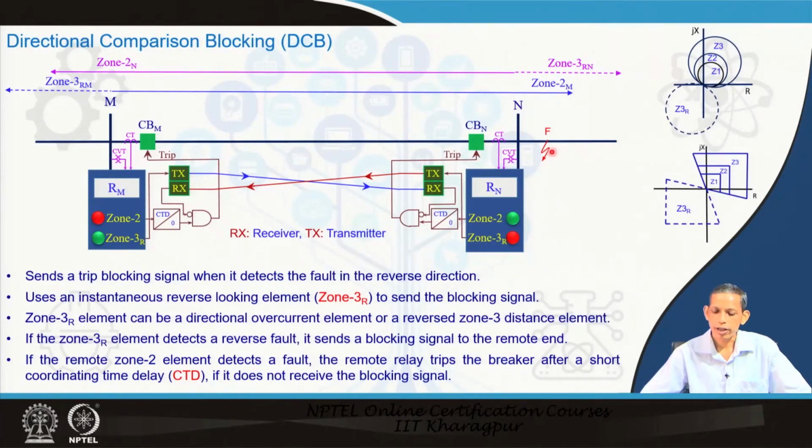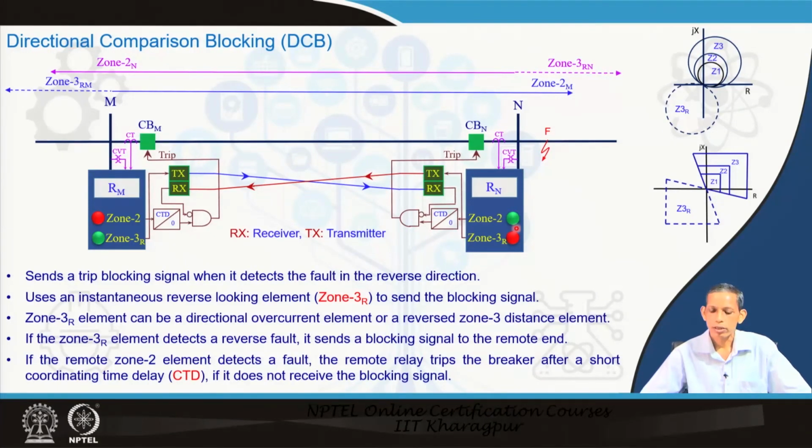Now, any external fault, say F, will be seen by this zone 3R in its forward direction. This is not an internal fault, so a signal will be transmitted to the other end, and it will block this relay.